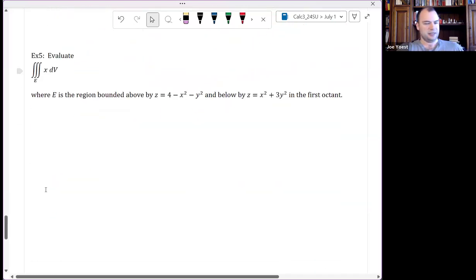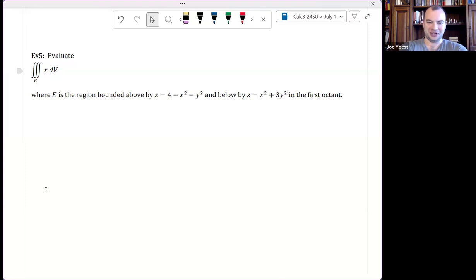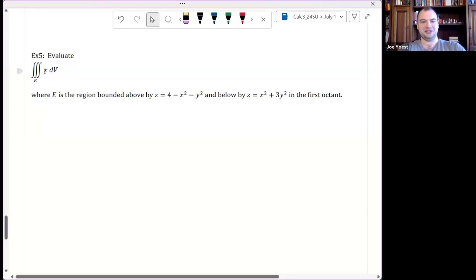Okay, let's take a look at example 5 here. This is kind of a typical Calc 3 type problem where the integrand is just very simple, and most of the problem is about setting up the integral and understanding what the region looks like.